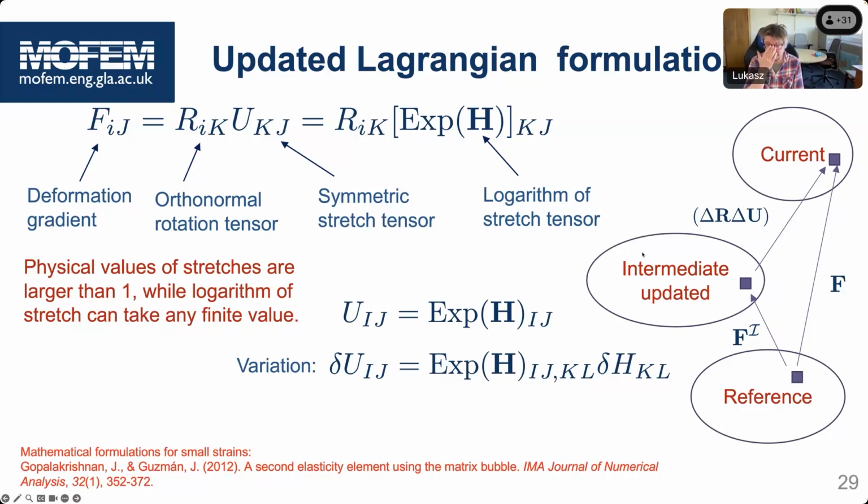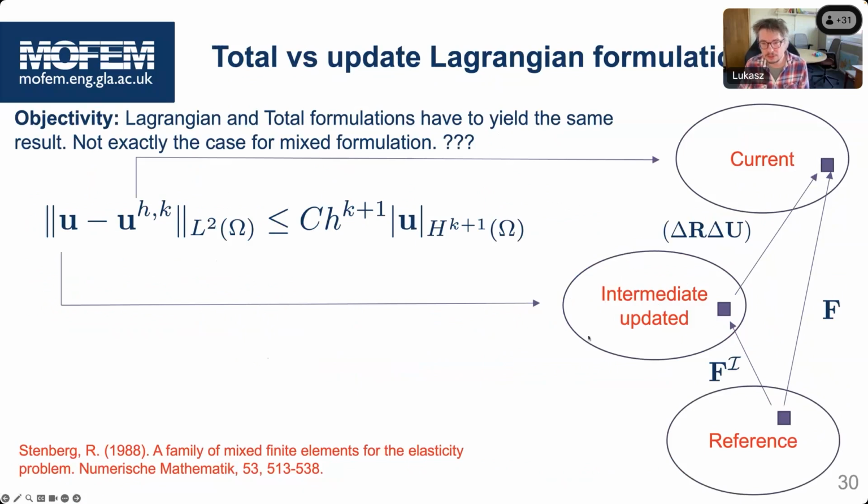In addition, you can introduce some intermediate configuration when you are working with the updated Lagrangian formulation. When you work with the total Lagrangian, you don't need an intermediate configuration. But if you work with the updated Lagrangian, you can introduce an intermediate configuration, and then exploit a nice feature of the mixed formulation: since you approximate the displacements in L2 space, you can project them on the H1 space, and this projection in H1 space you can treat as an intermediate configuration.